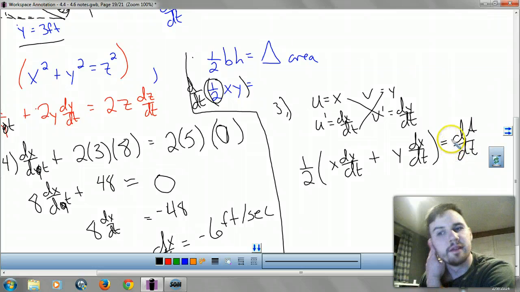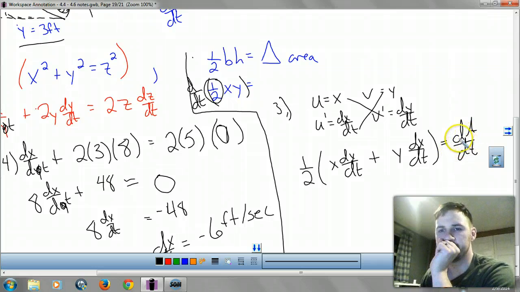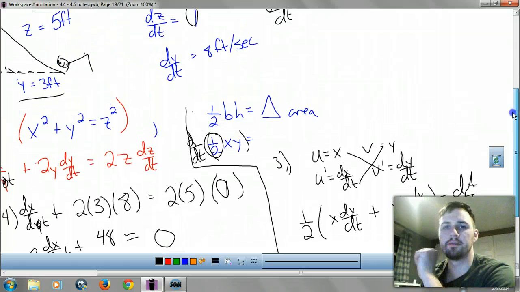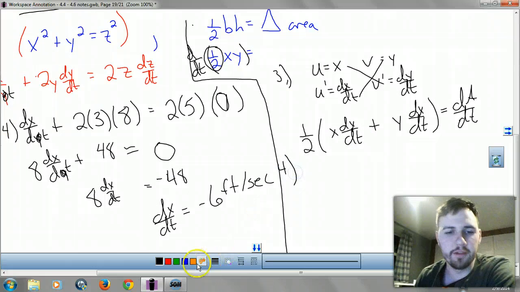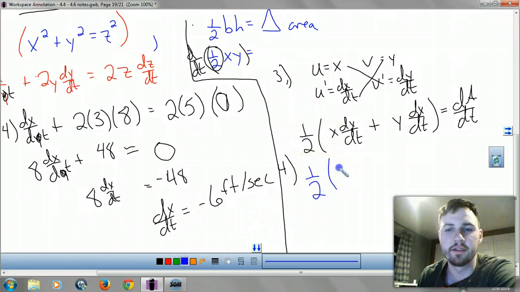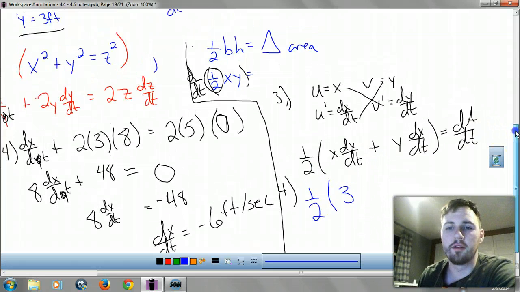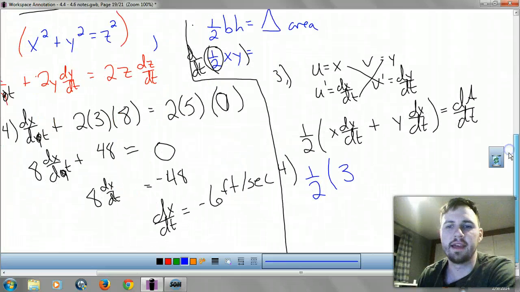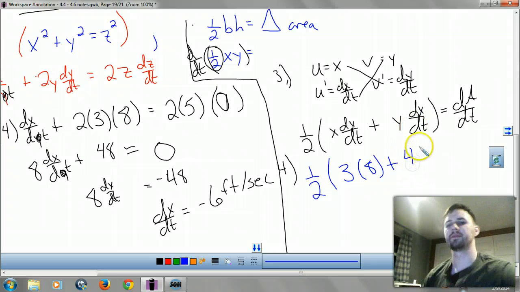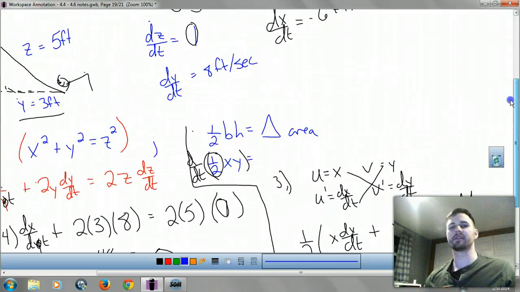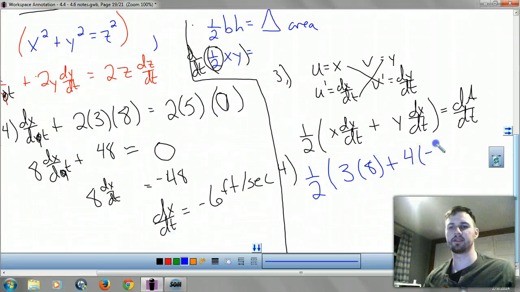Okay? Now, we plug in our values again like we did before. 1/2. Our x is 3. Our dy over dt is 8 feet per second. Plus our y is 4. Our change in x is negative 6.